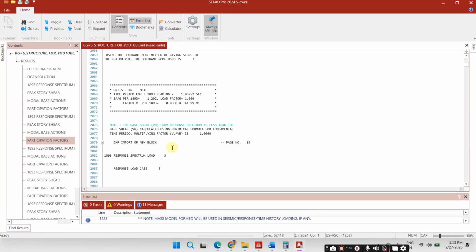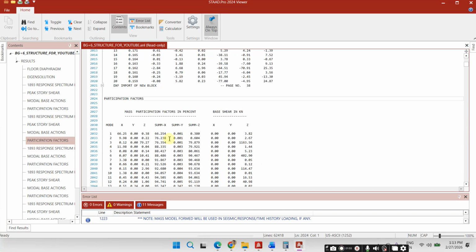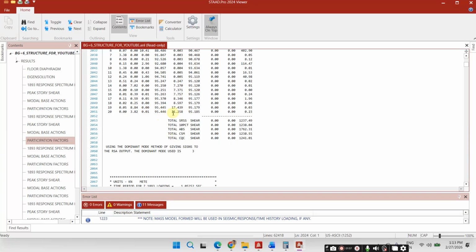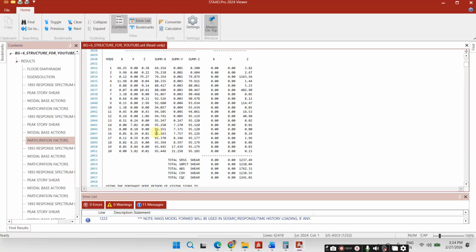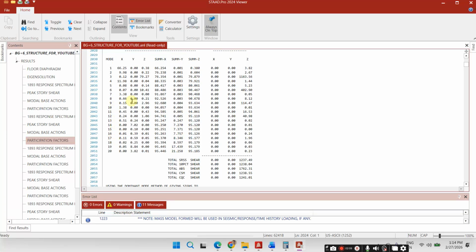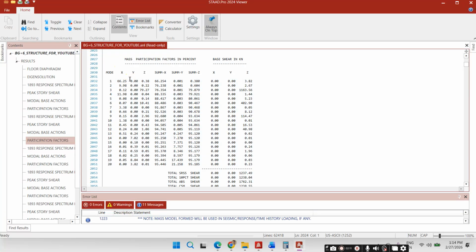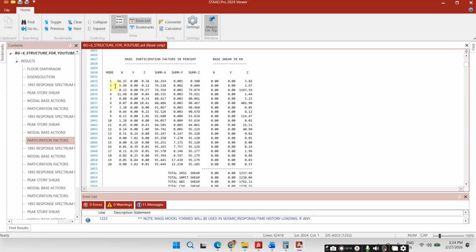And here, in one case, if it is less than the 90% in both the directions x and z, then we have to increase the cutoff mode. Here I have taken the number of modes, cutoff mode is 20.